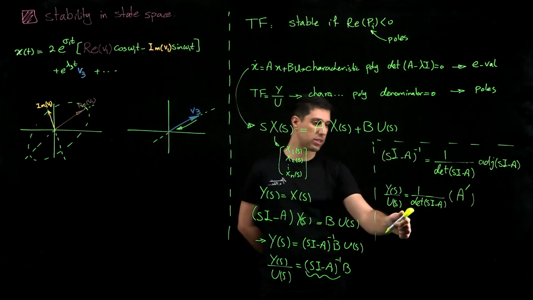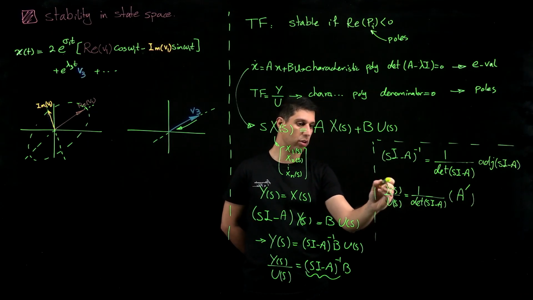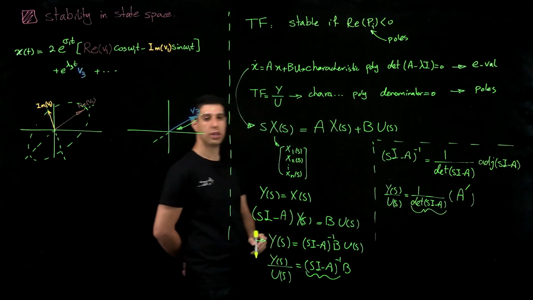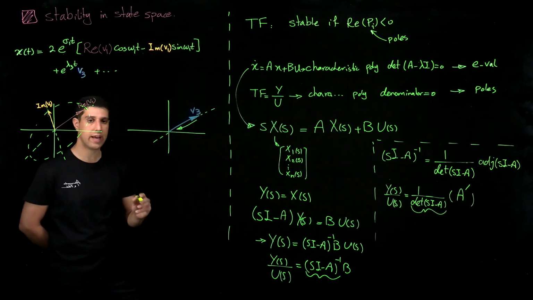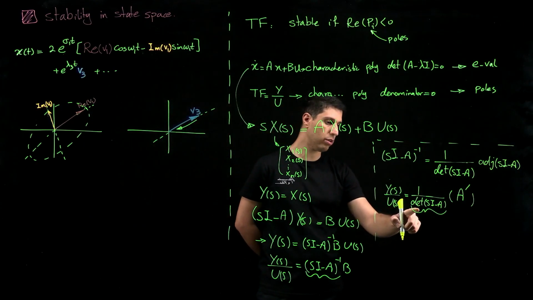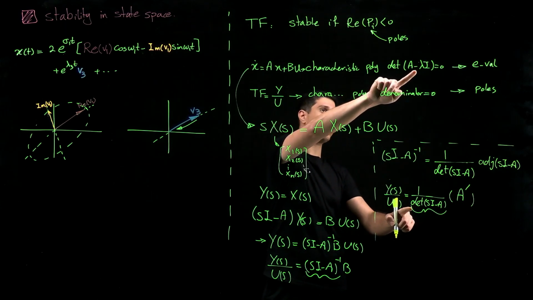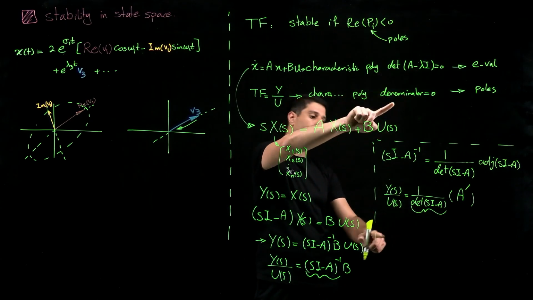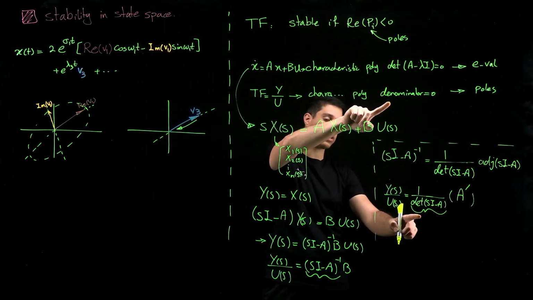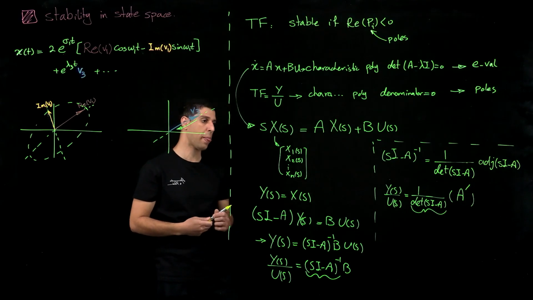So now you can see the denominator of the transfer function is actually the same equation of sI minus A. If this equals 0, we can either say it is the equation for the eigenvalue, or because it's a denominator, we can say it's a characteristic equation that gives us the poles of these transfer functions.